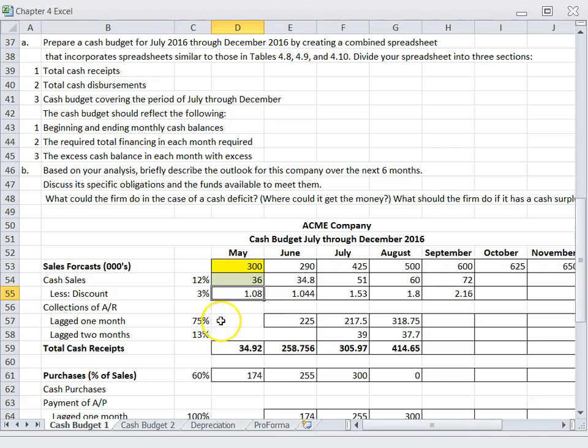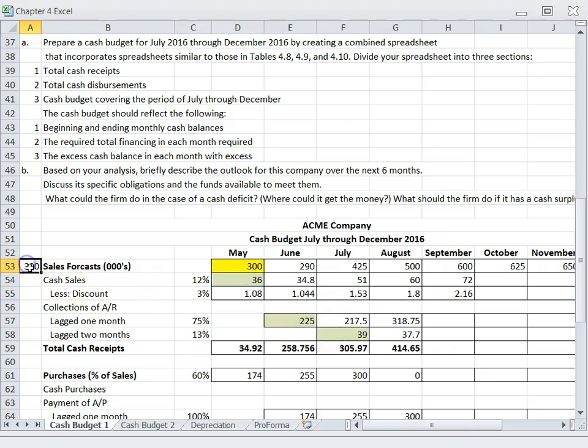Now, of what's remaining, of this 300,000, another 75% will be paid a month later in June. And then the remaining 13% will be paid in July. So if I add these three numbers together, let me just take this cell over here and I say, what if I add the 36 plus the 225 plus the 39?